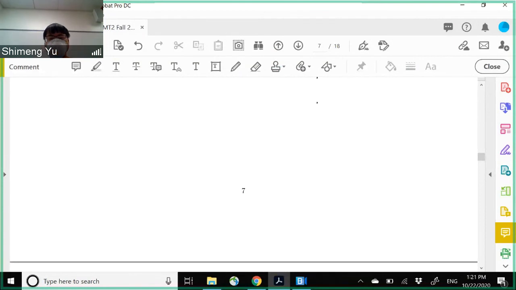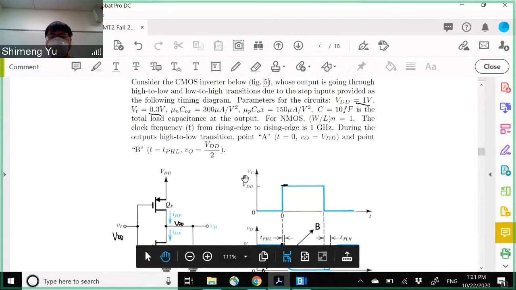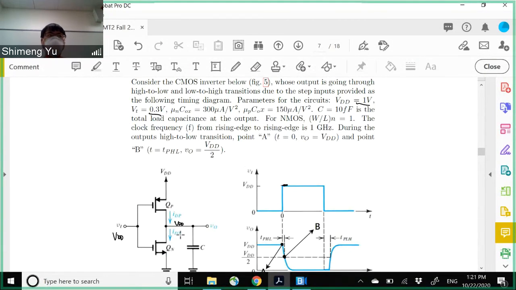So it asks, what is the W over LP to make the high to low transition delay the same as the low to high? If we interpret this correctly, then this is asking for the match condition. Because if it's matched, then the NMOS and PMOS are equivalent, then high to low and low to high transition should have the same delay. So basically it asks for the match condition.